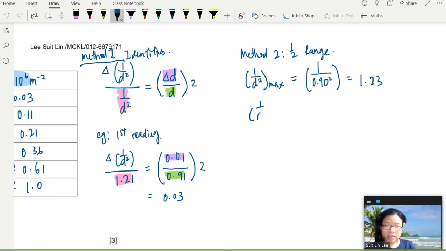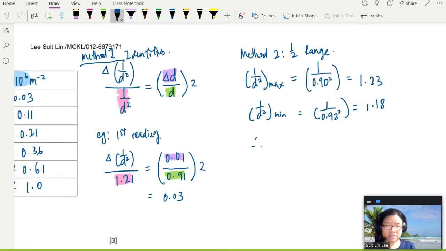Then repeat again for minimum, which is 1 over 0.91, wait, 91 plus 1, 92 square. So let's do that. 1.18.